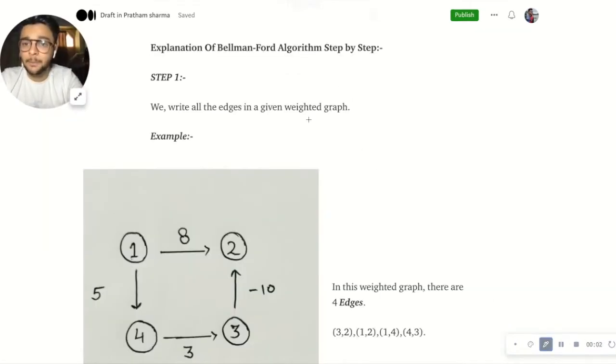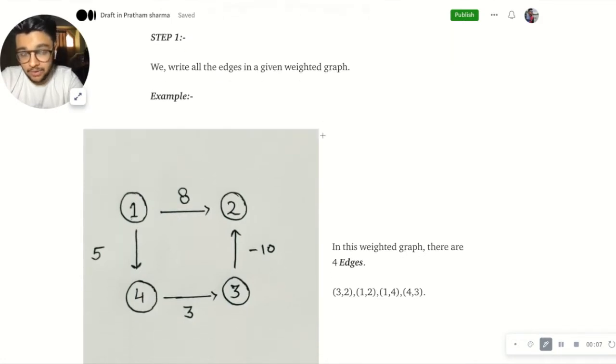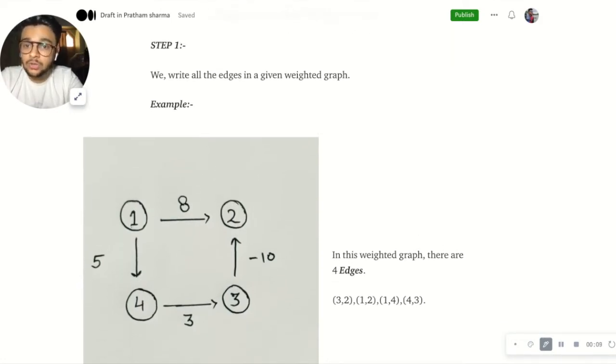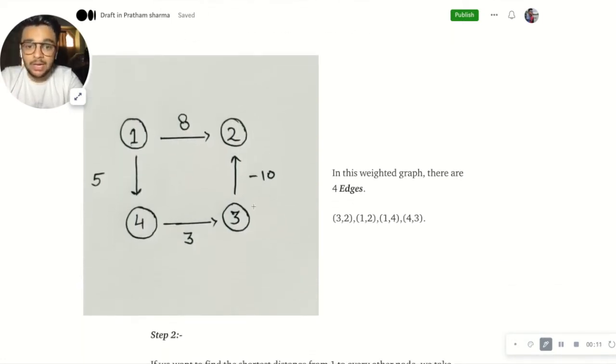So now, let's jump into the explanation of the Bellman-Ford algorithm step by step. Step 1 is that we have to write all the edges. In this case, there are 4 edges: 3 to 2, 1 to 2, 1 to 4, and 4 to 3. We have to write the list of all the edges like this.